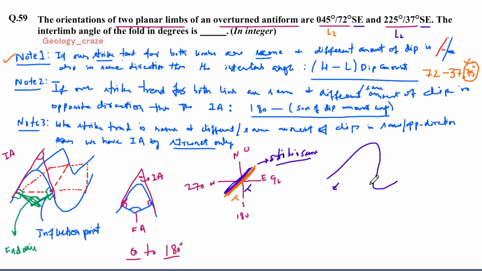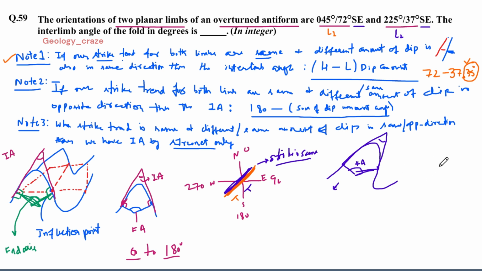Suppose this is our inflection points, and we will join these. This is our interlimb angle that we have to find. This is our fold angle. So now suppose these two limbs are this.